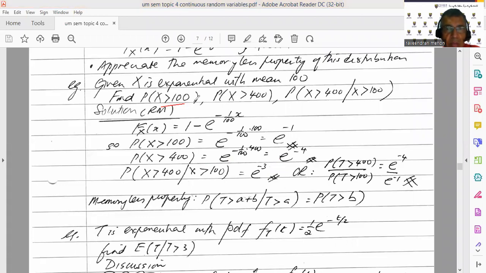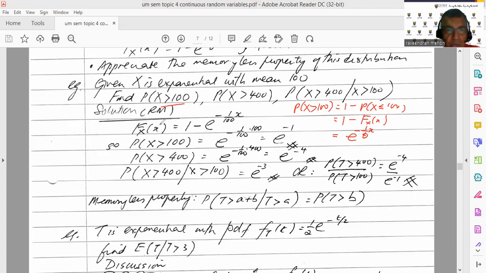Well, the probability x bigger than 100 is 1 minus the probability x less than or equal to 100, so you have 1 minus your CDF. Remember the formula I gave you upstairs? So it just becomes e to the power minus 1 over theta x.